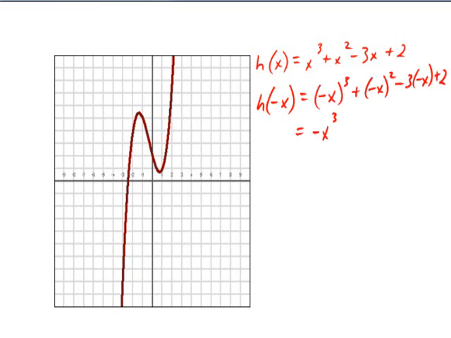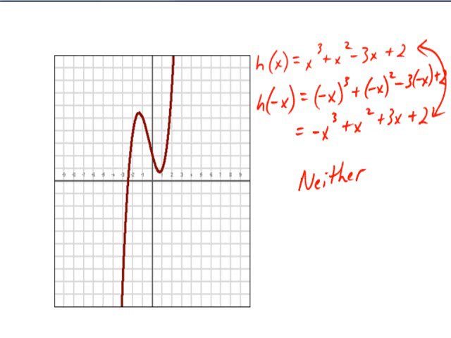Negative x quantity squared is x squared, so we have plus x squared. Negative 3 times negative x is positive 3x plus 2. If I compare this function with the original, we'll see that sometimes the signs are opposite, sometimes the signs are the same. In this case, we say the function is neither even nor odd.